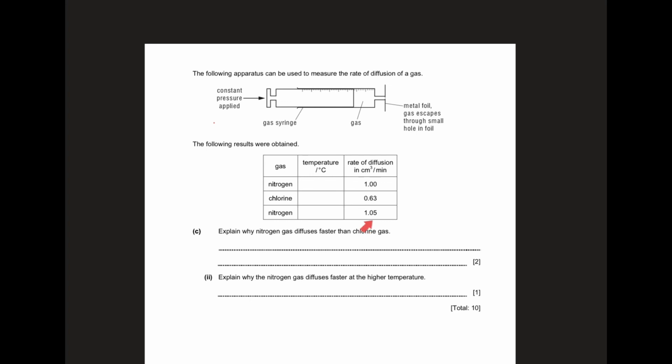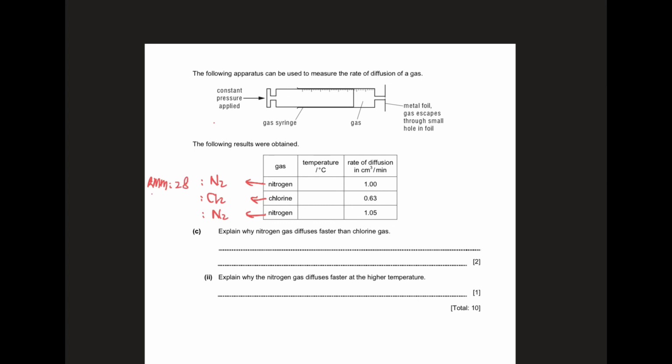Okay, so there are 2 same gases here, but the rate of diffusion is different. This is higher rate, this is lower rate. And this chlorine, right? Logically, you have to know that Cl2, N2, and N2. You use periodic table to find out their relative molecular mass. You should understand that nitrogen is 14 plus 14. The relative molecular mass is 28.